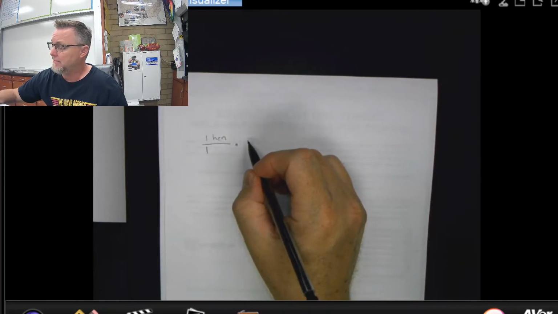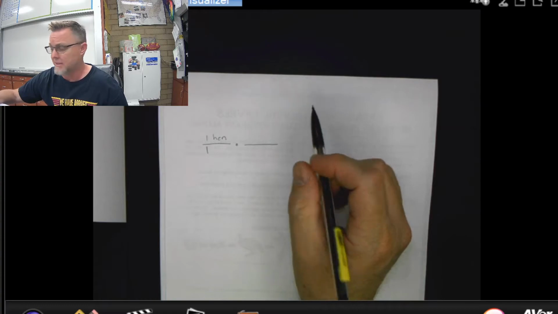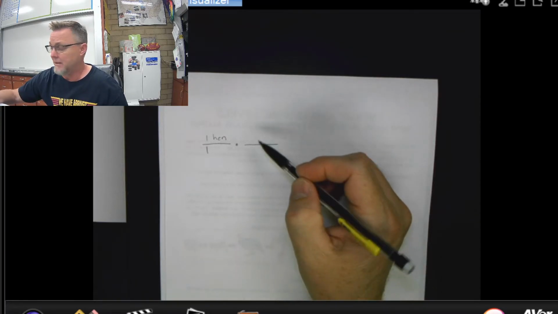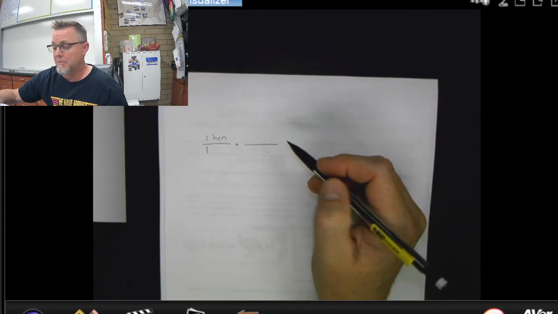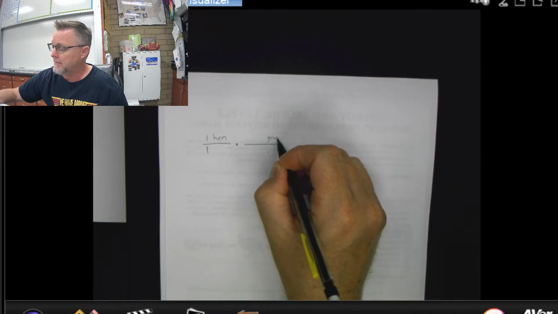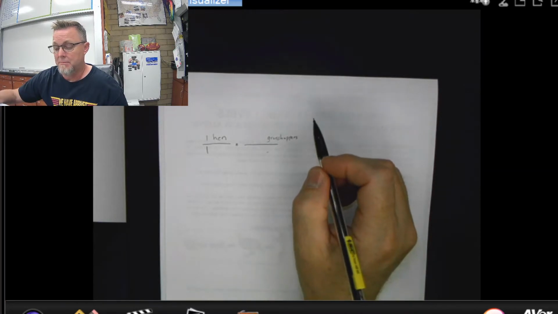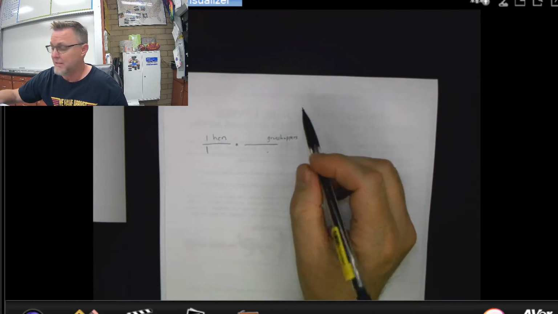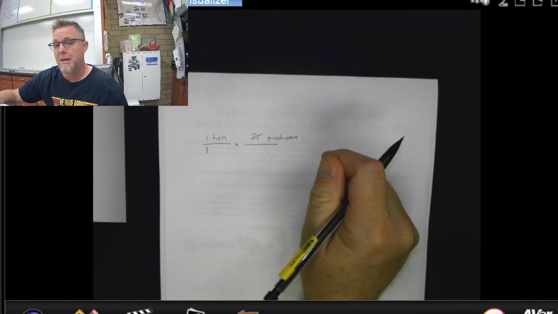It's very important that I set this up correctly, and you need to remember that when you're doing dimensional analysis, what you want to get rid of goes on the bottom, and what you want to keep goes on the top. My answer is supposed to be in grasshoppers per year, so I'm going to put grasshoppers up here, and I'm told that one hen can eat 25 grasshoppers, so 25 grasshoppers per day.